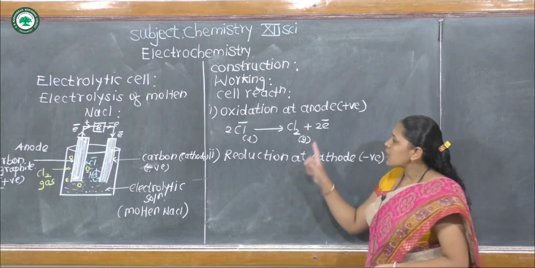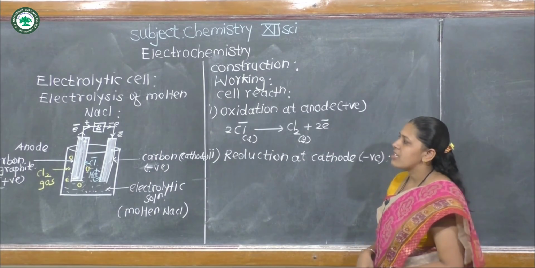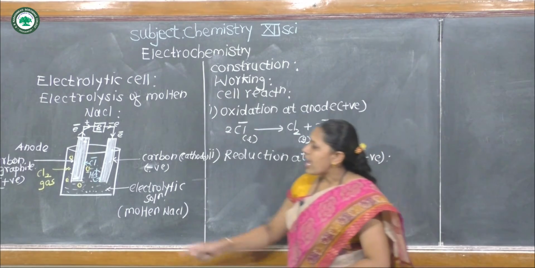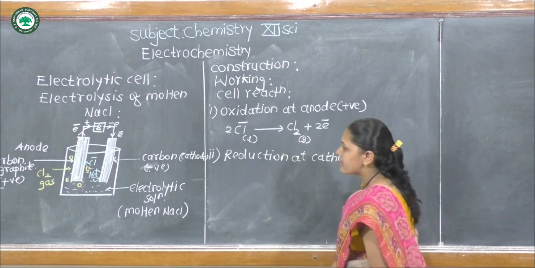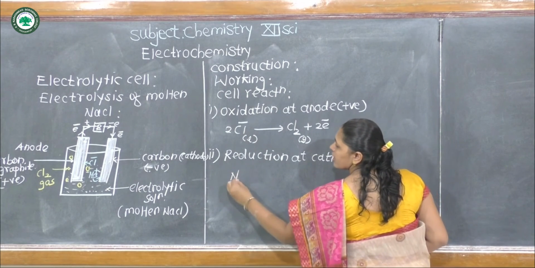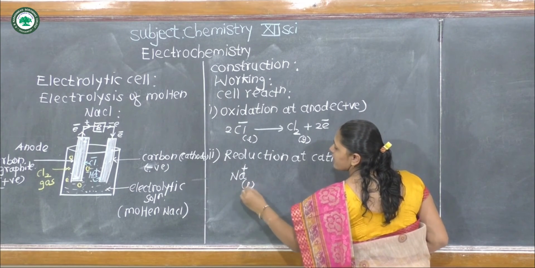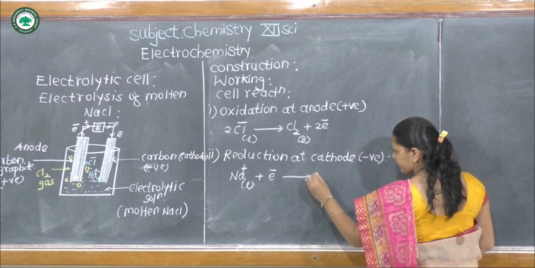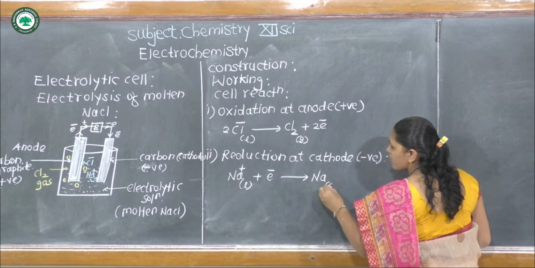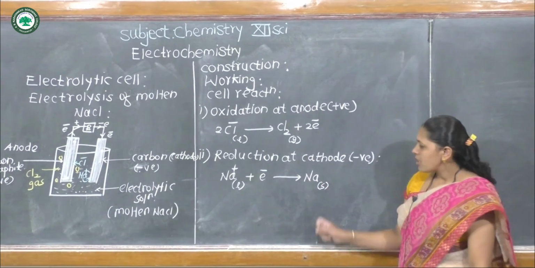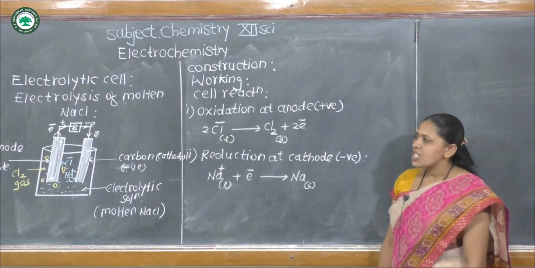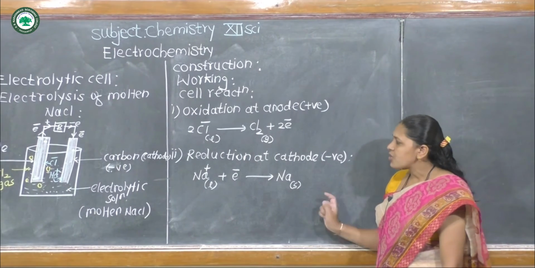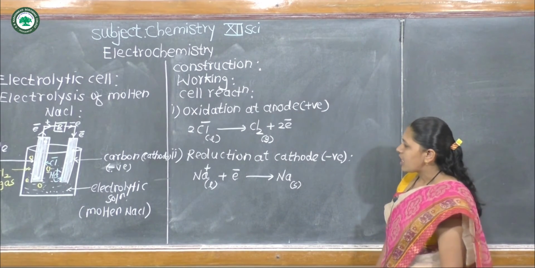We know that electrons lost by Cl- ions are transferred towards the cathode through the battery. At the cathode, Na+ ions accept electrons. Na+ ions in liquid state accept an electron and undergo reduction by forming sodium metal, which is silvery white in color. This is the reduction half reaction at the cathode.